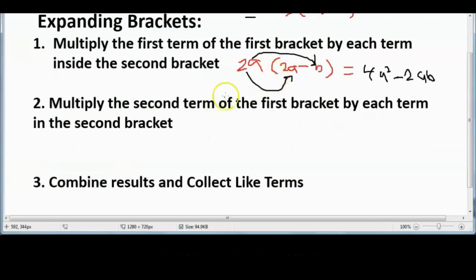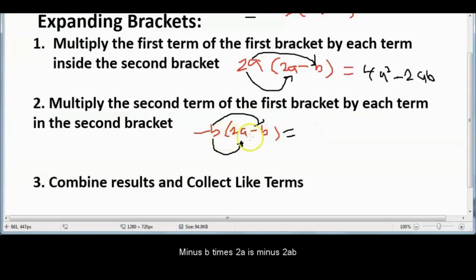So it's −b multiplied by the second bracket, 2a − b. We multiply −b by 2a and again −b by −b. −b times 2a is −2ab. And −b multiplied by −b gives plus b squared.